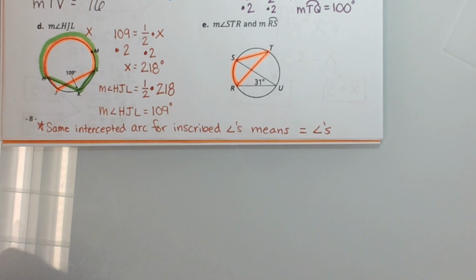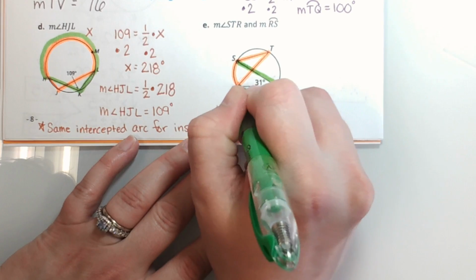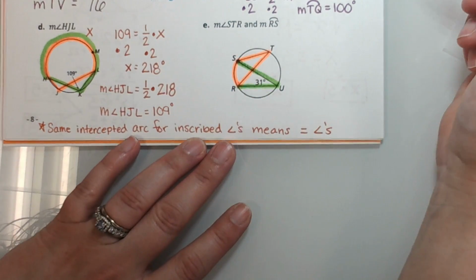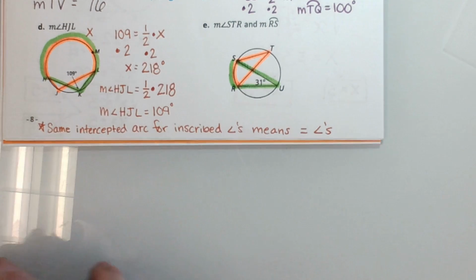I don't know that intercepted arc, but I do know this other angle here, which happens to have the same intercepted arc. If those two angles have the same intercepted arc, what did we just say is going to be true about them? They are the same.